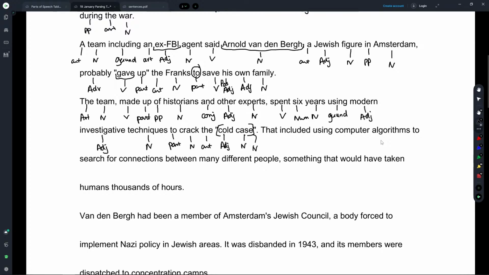Determiners appear in front of nouns. And we don't have a noun here. We do have a noun here because we have the noun kind of omitted because that process included. And this included operates sort of as a noun, so that's why we would say this is one of our demonstrative determiners.